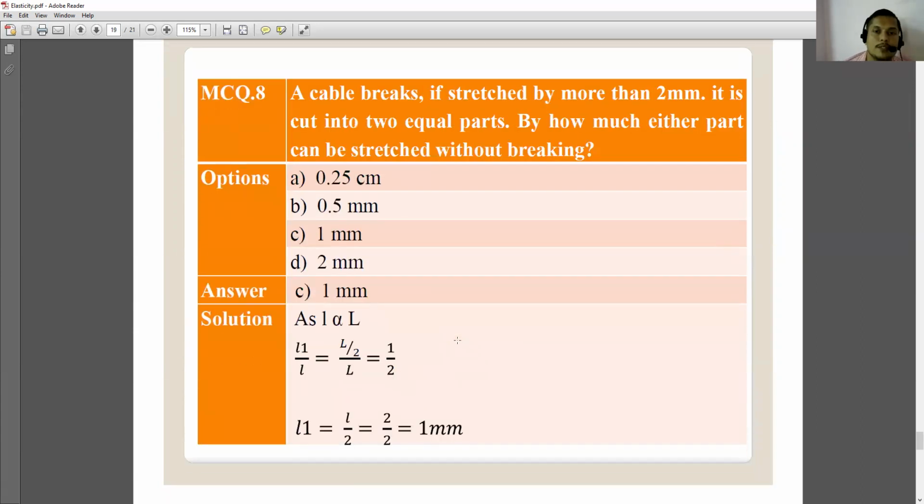A cable breaks if stretched by more than 2 mm. It is cut into two equal parts.